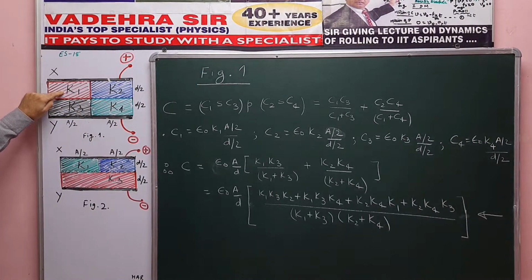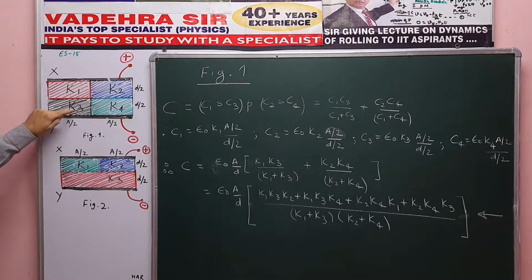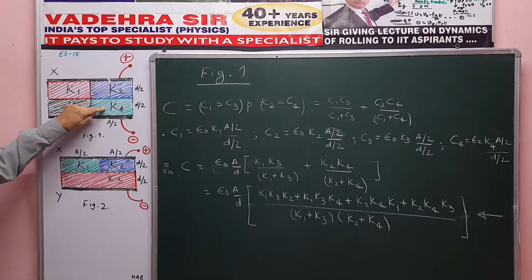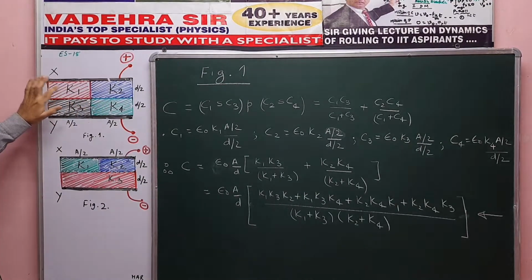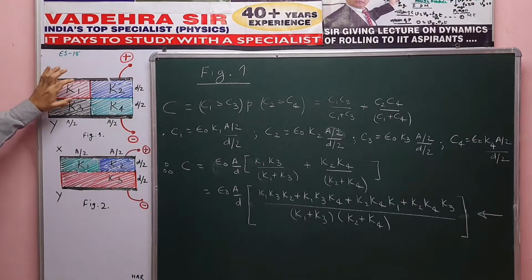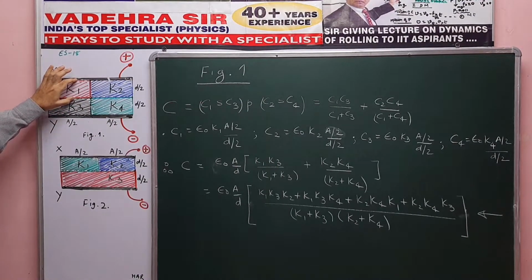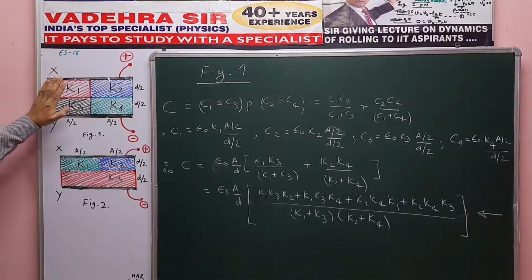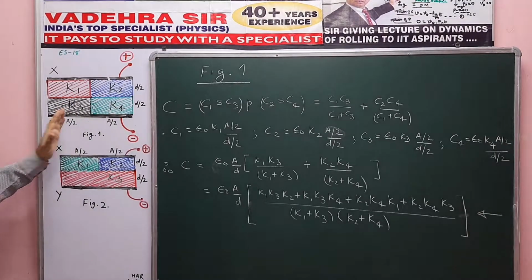The capacitance of this is C1, this is C2, this is C3, this is C4. Well, for C1, the plate area is A by 2 and the distance is D by 2. So A by 2, D by 2, and it is the same for all.